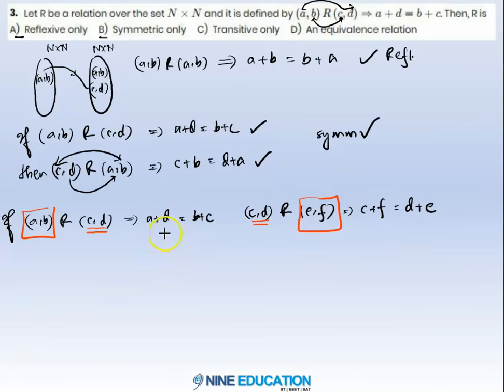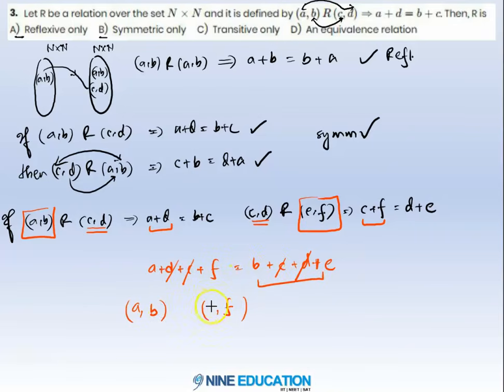Let's add both of these equations. If I add the left side, it is nothing but A plus D plus C plus F, and the right side will become B plus C plus D plus E. If we observe, C and D will get cancelled, so we have A plus F. I can write A and F as the last element of the second ordered pair and A as the first element of the first ordered pair, and from the right hand side B is the second one and E is here.